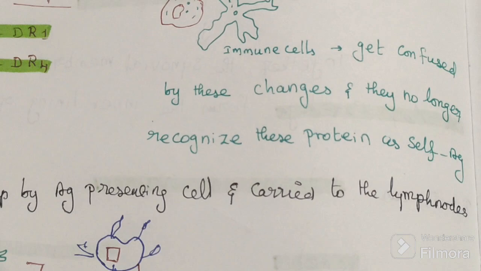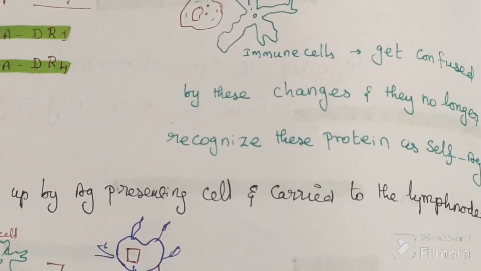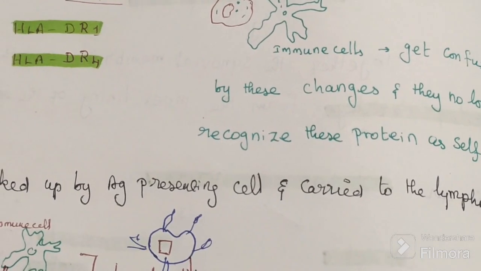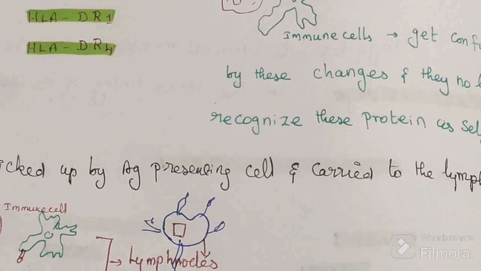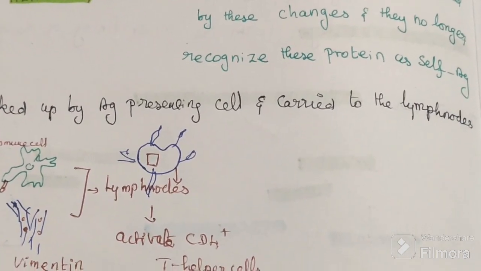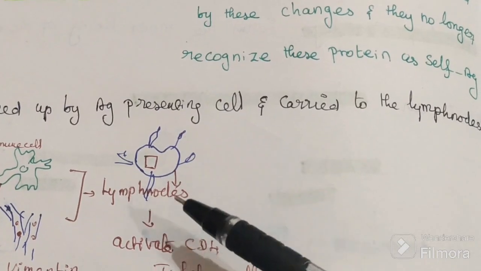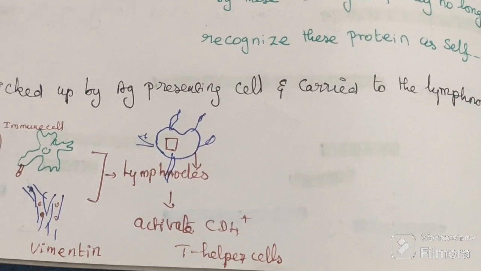This antigen gets picked up by antigen presenting cells and carried to the lymph nodes. Here it will activate CD4 T helper cells.